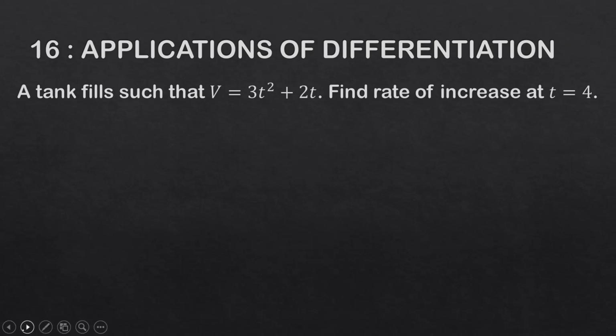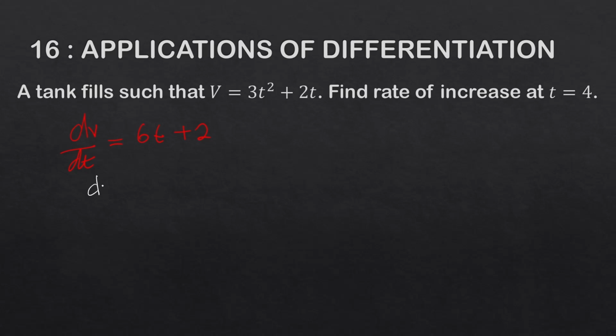He said that a time feels such that v equals 3t squared plus 2t. So find the rate of increase at t equal to 4. In this case, dv/dt is going to be equal to 6t plus 2. Now remember, they said at t equal to 4.